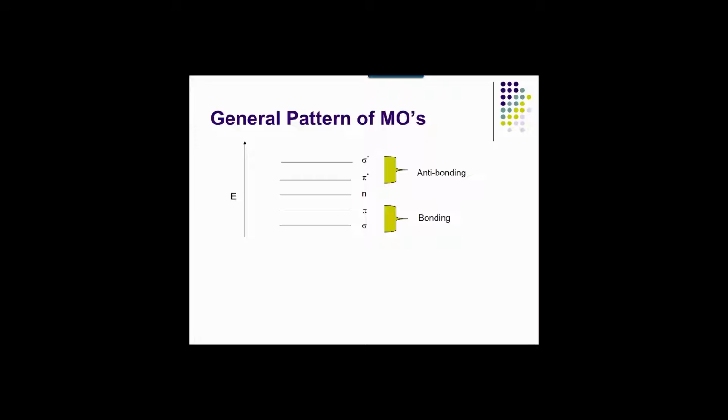So the highest energy transitions, sigma to sigma star, should be at the highest energy, or in the deep ultraviolet spectral region.